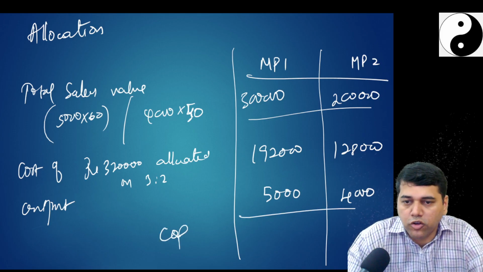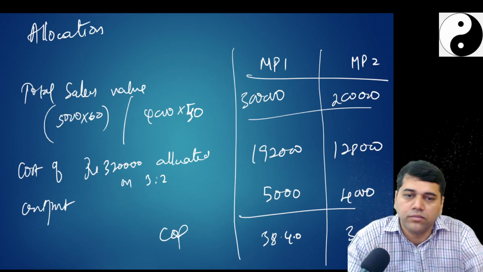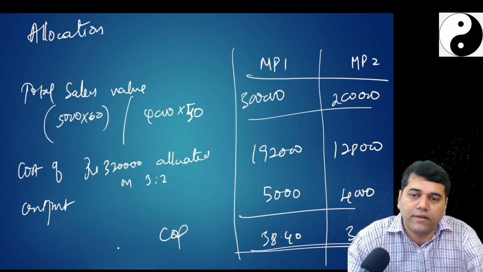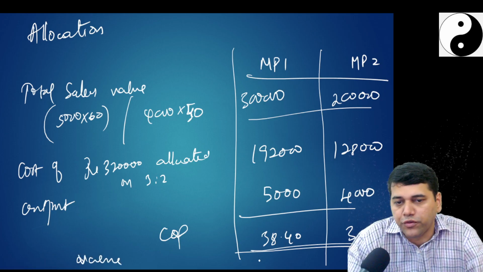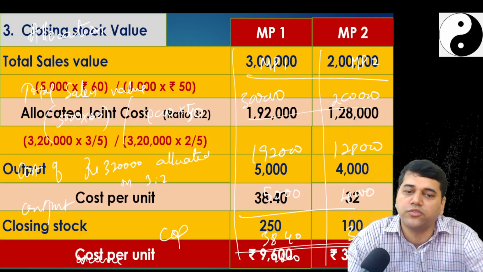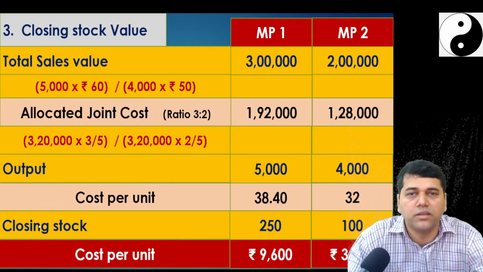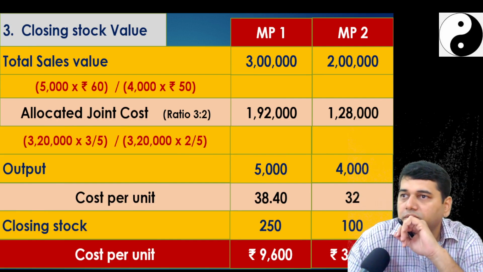So, cost per unit is 38.40 and 32. So, the value of closing stock is 38.40 into 250, 9,600, and 3,200. Are you clear, students? Simple, right? So, you understood the process also here.